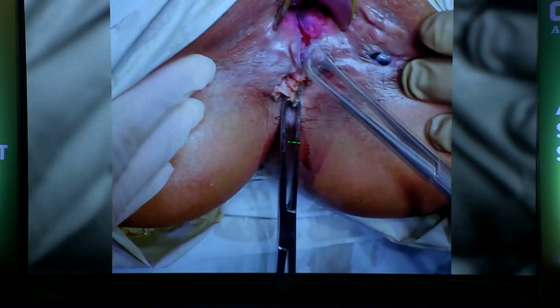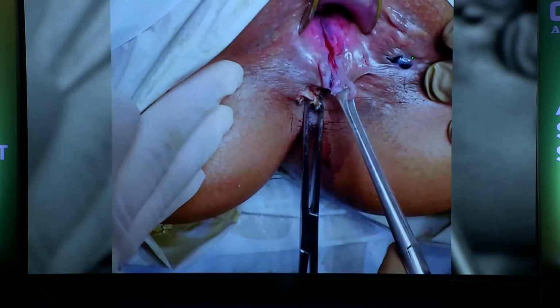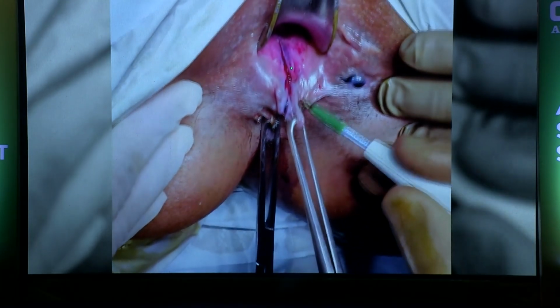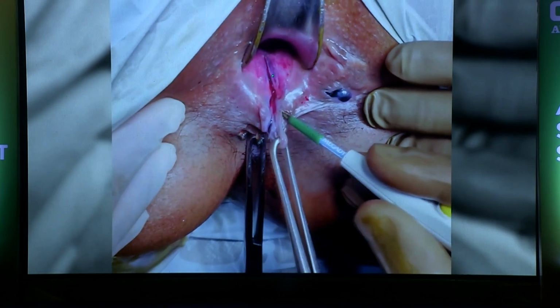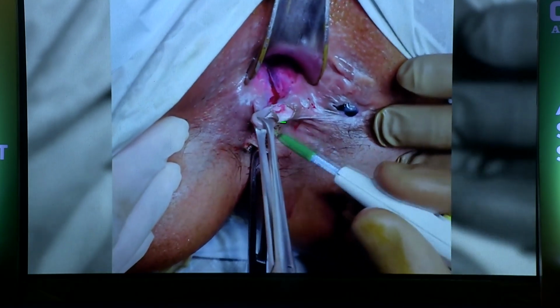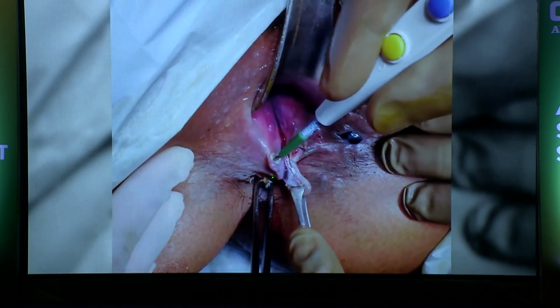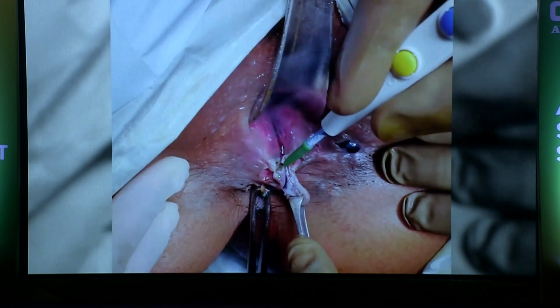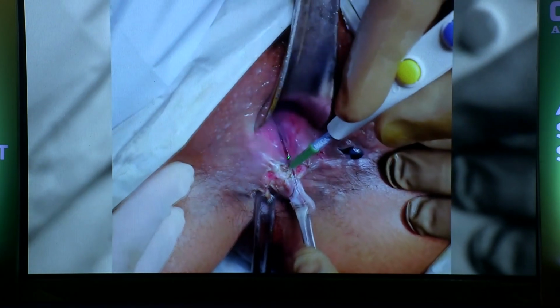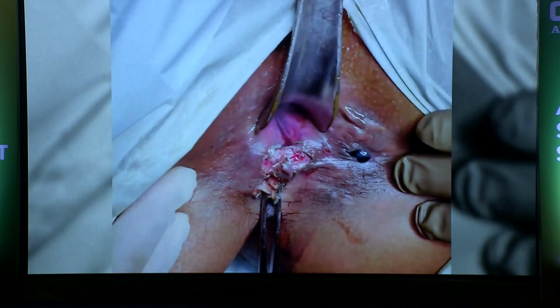I always inject methylene blue before my surgery. So there was one tract here. This was posteriorly, and this was laterally. And of course some skin tags and all that. What I'm going to be doing is a fistulectomy here. You should not do a fistulectomy at 2 places.